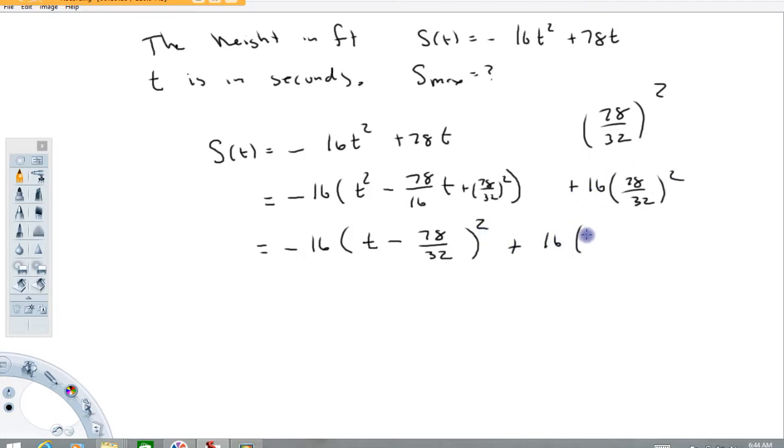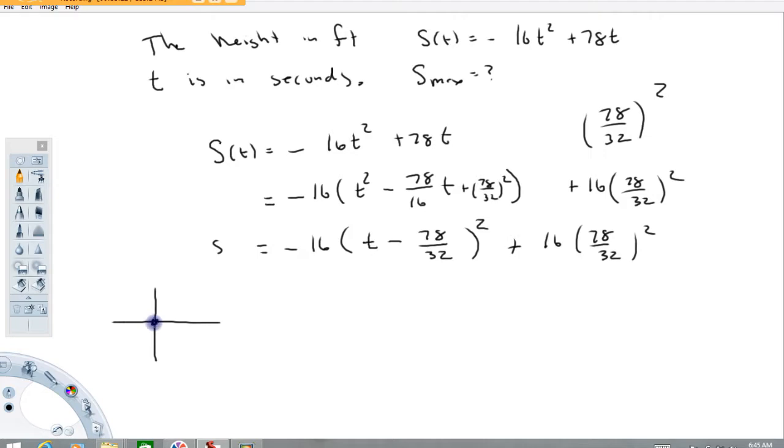I'll calculate a value in a moment. Okay, just make sure that this thing's right. So t squared gives me that. Outer inner term will give me that. And then the last term would give us plus 78 squared over 32 squared. Yep, we're good.